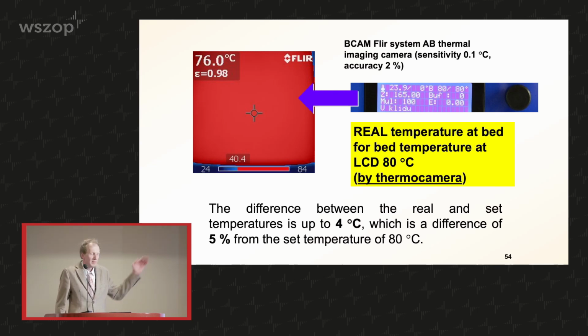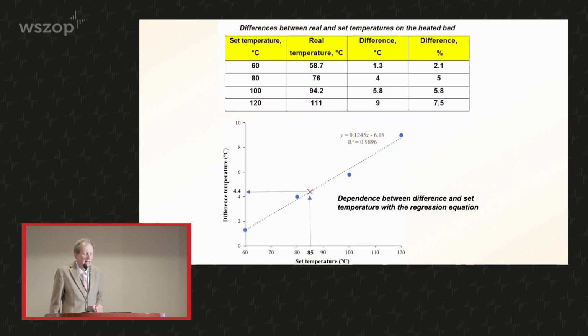And on this table, you can see the difference for the next temperatures and so on. And based on these values, it is possible to create a graph, the dependence between the difference and set temperature for the next research and so on.